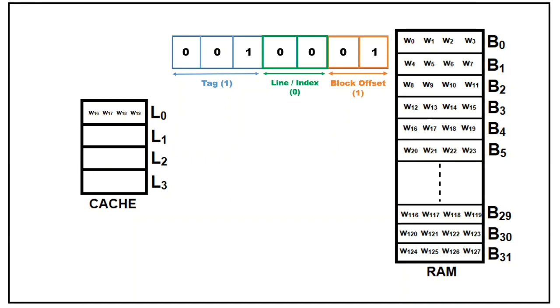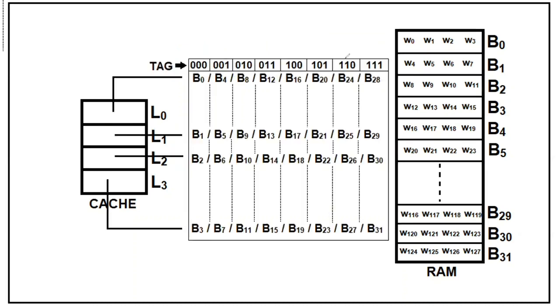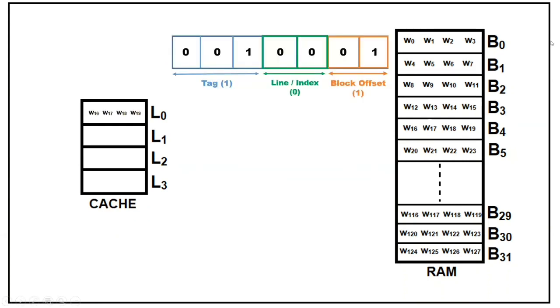Now let's see whether the tag matches or not. For block B4, the tag is 001. Now let's see the tag of the address. According to the address, the tag is also 001. So the tag of the line and the address tag match. Now let's see the block offset.